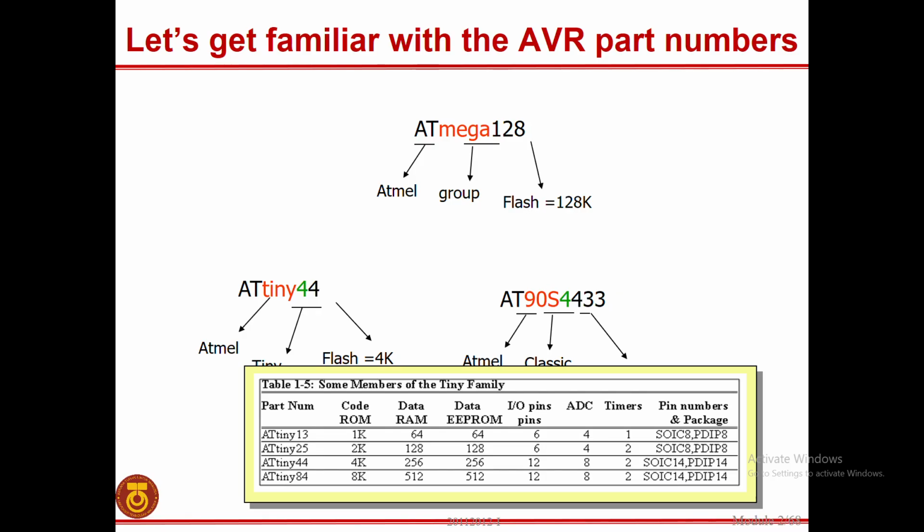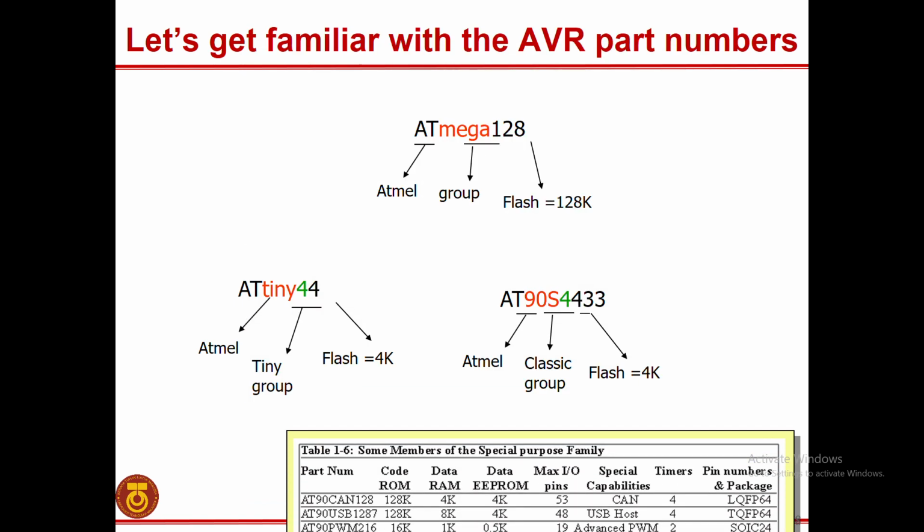They have a code ROM, data ROM, and data EEPROM, with input output pins ranging from 6 to 12, analog to digital converters 4 to 8, and timers 1 and 2, with different pin numbers and packages. The first, ATtiny 30, has 8 pins, and the others, 18, 44, and 84, have 40 pins and different packages.